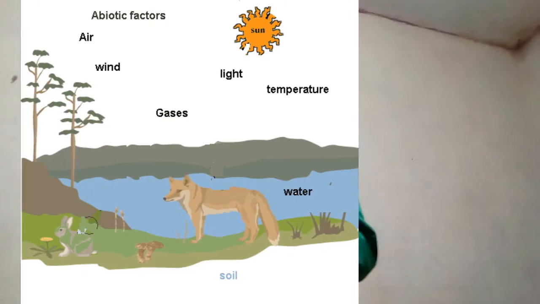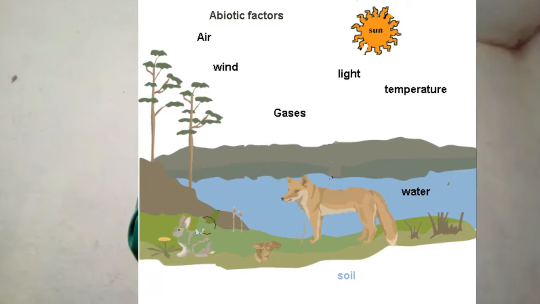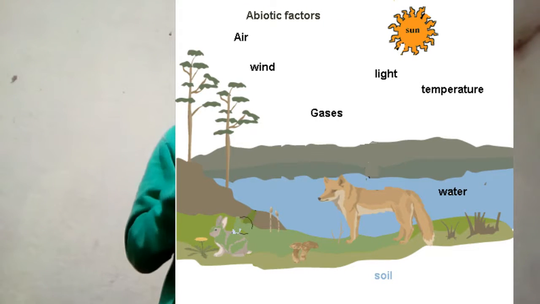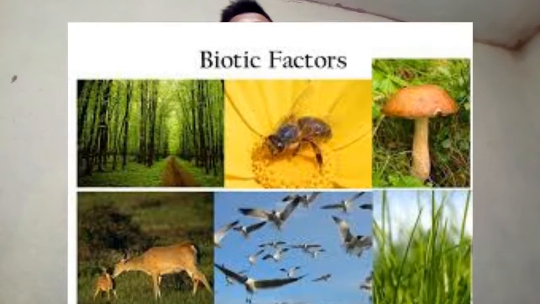Biomes are described in terms of abiotic factors like climate or soil type, and biotic factors like plant and animal life. Also, some people get confused and classify some regions as biomes even if they are not.